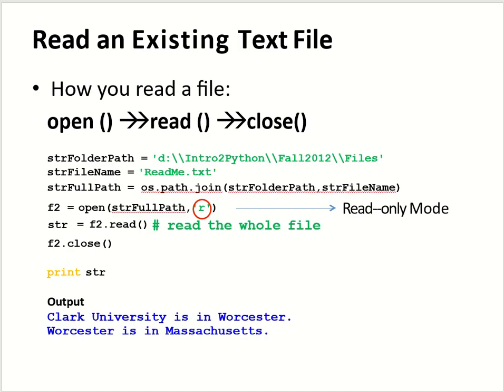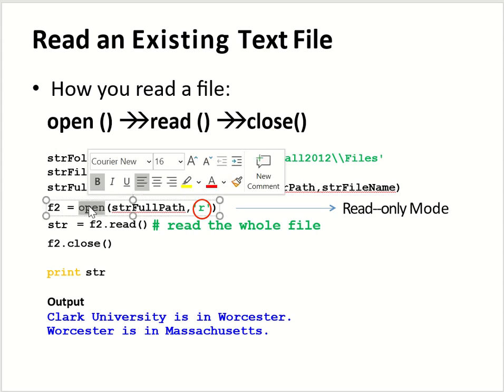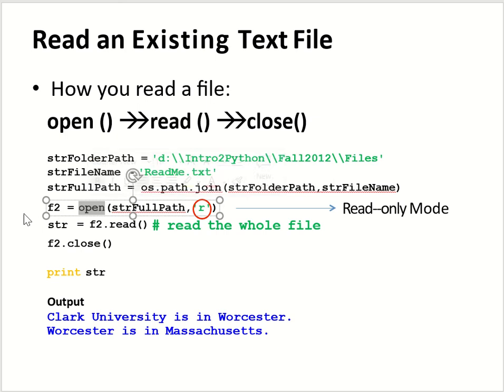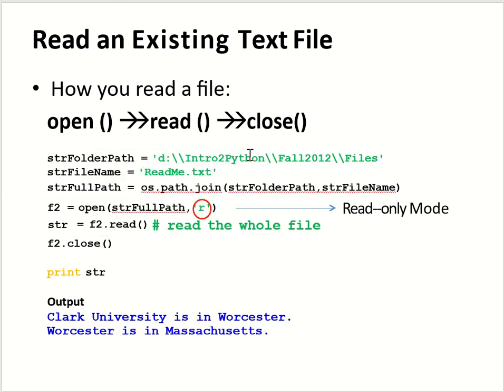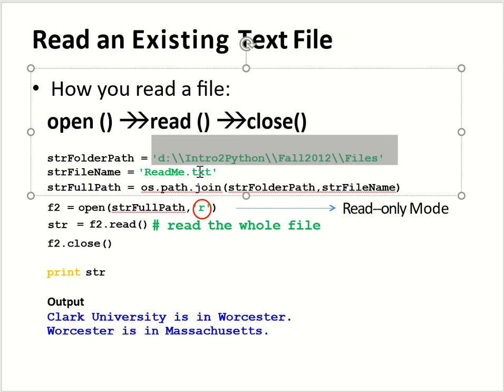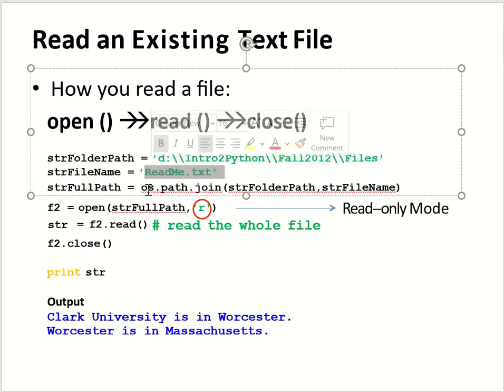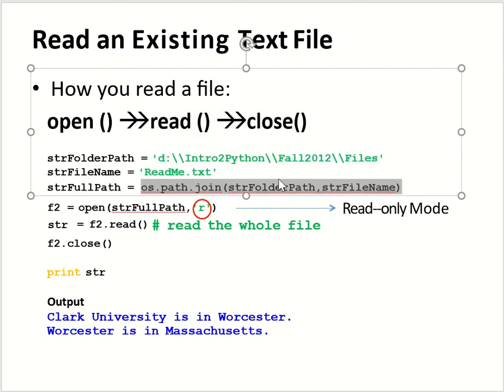So the first function for working with files, besides the open function, which just creates that file object, is the read method. So here we've got a folder path, a specific file, join those together to get a full path.